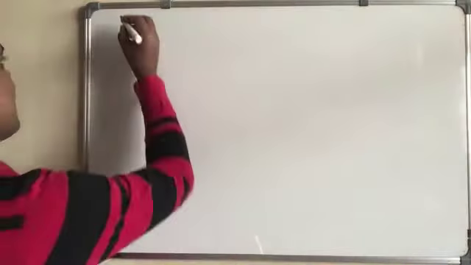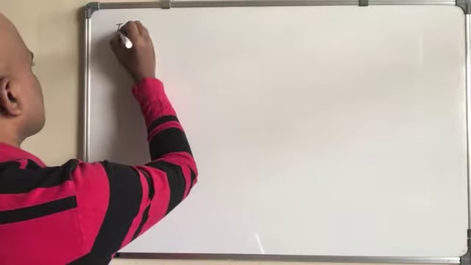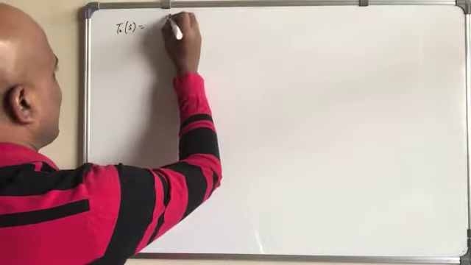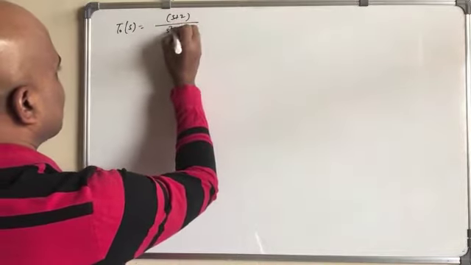Let's look at the original example. We have been looking at (s plus 2) divided by (s squared plus 1).